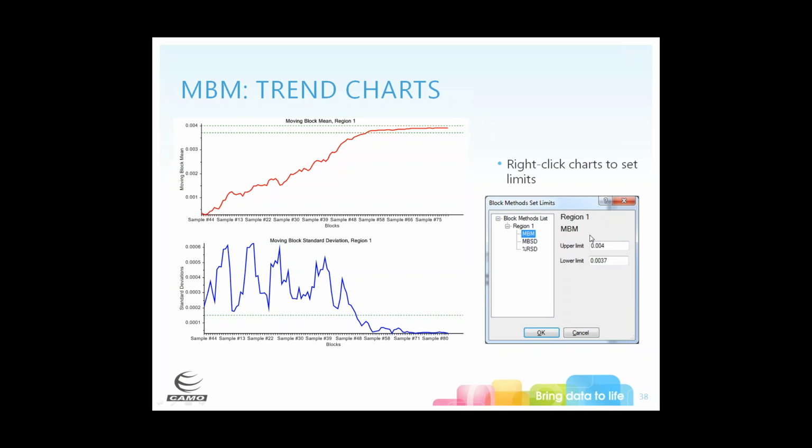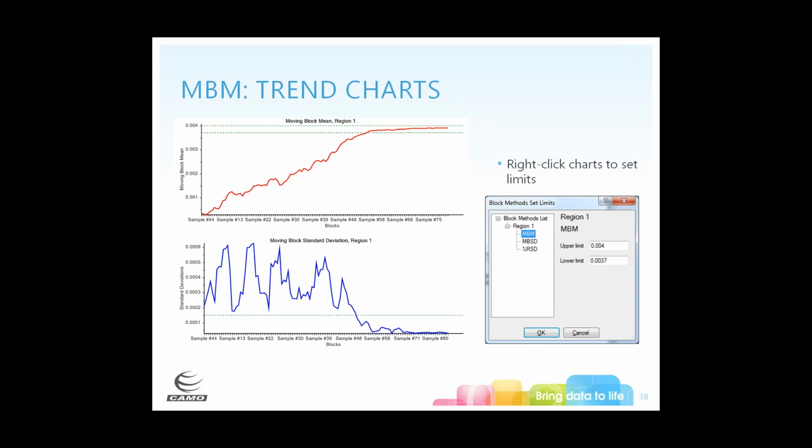The limits for the moving blocks, in this first version, we just specify manually. So in the moving block mean, which is shown in the upper plot here, you see that this could be the humidity or something, which is steadily increasing, and then it reaches a plateau at the end. When it comes within these upper and lower limits, then the process is completed or has reached the steady state.